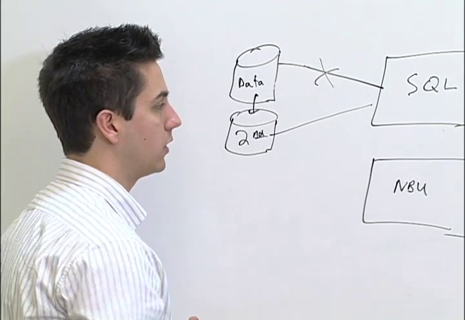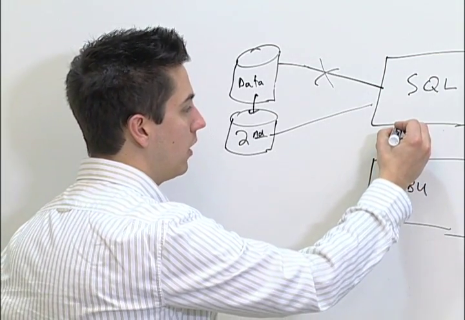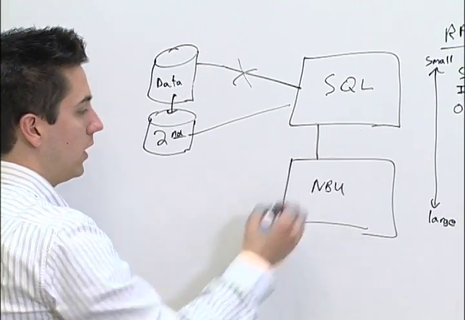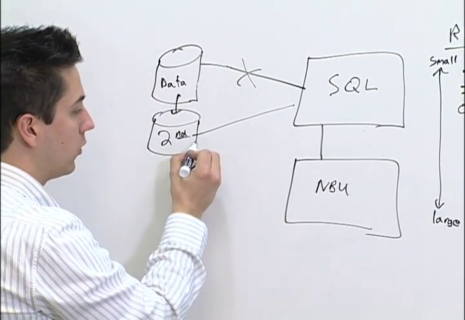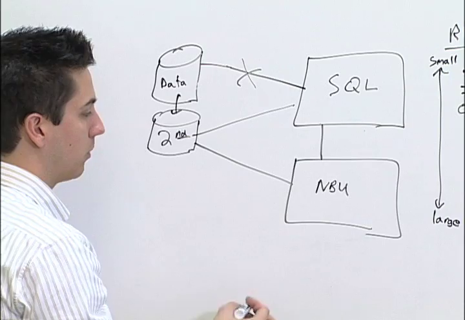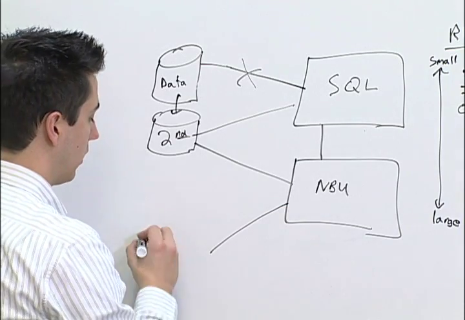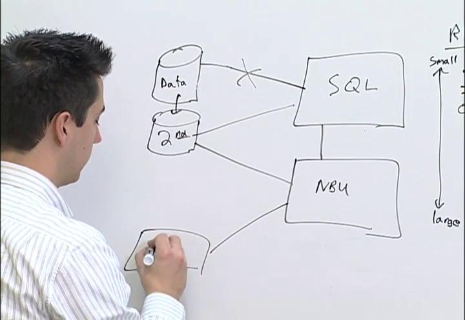So in this situation, you'd be sending data off directly to a NetBackup host. So you have your primary data here, and you can mount this on your NetBackup host and then send that data off to an additional location.